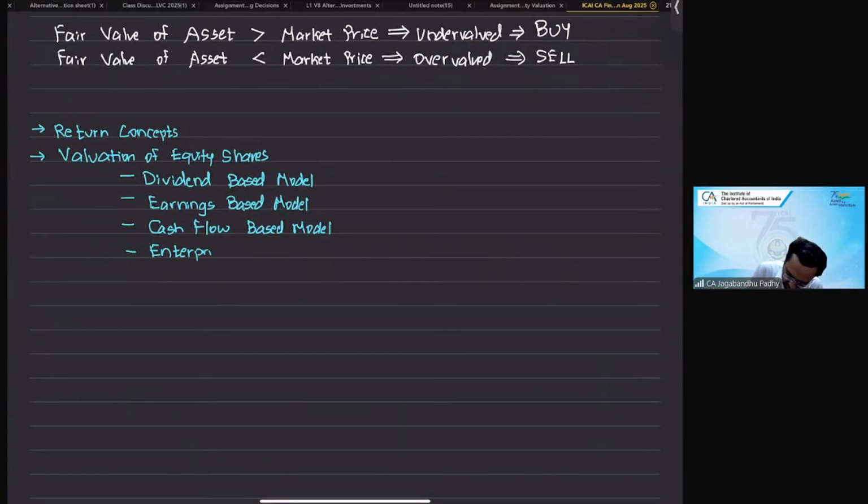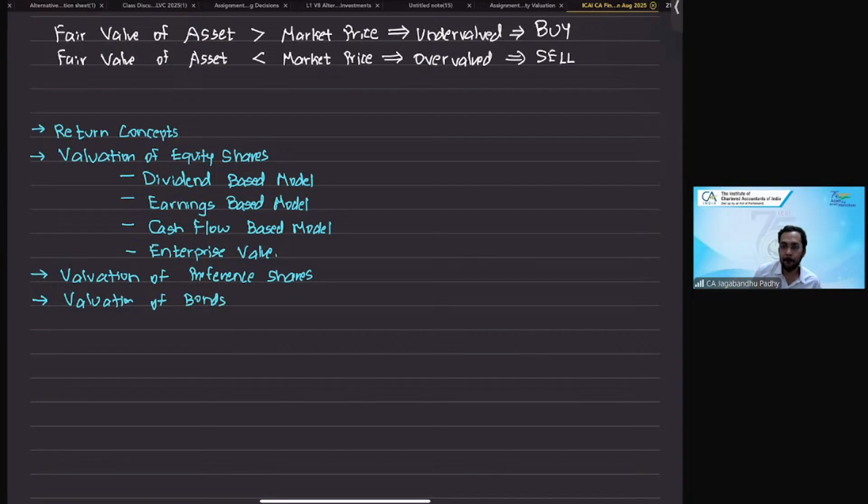Okay, so these are the aspects that we are going to cover in this particular part on valuation of equity shares. Then the next thing that we're going to discuss is valuation of preference shares. Followed by another crucial part called valuation of bonds. Now, in the valuation of bonds, we are definitely going to cover two important concepts.